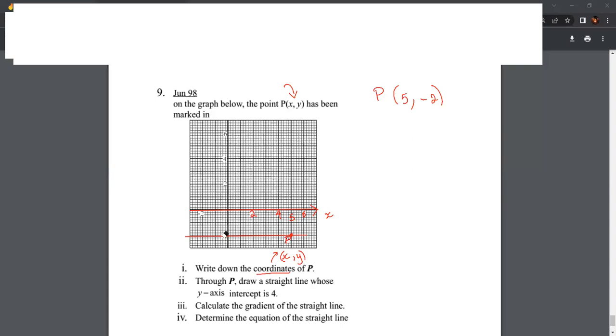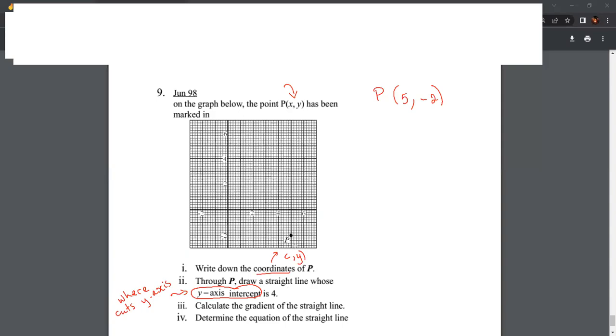Then they said, through P, draw a straight line whose y-axis intercept is 4. Y-axis intercept, remember, that's where it cuts the y-axis. So it's going to cut my y-axis at 4.